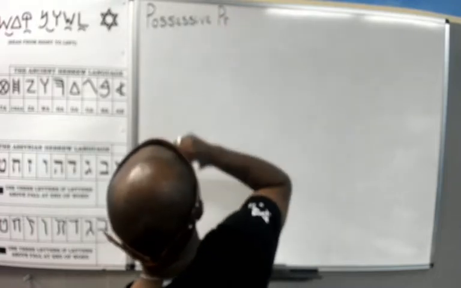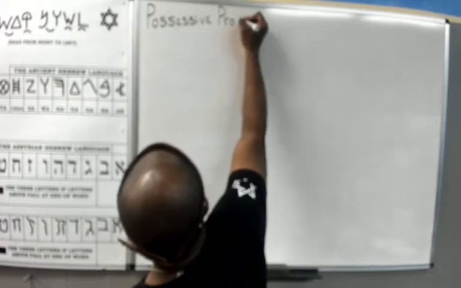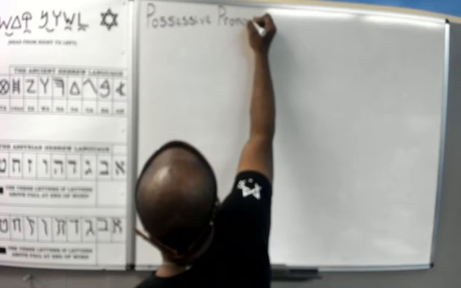And just in case some of y'all online forgot what a pronoun is, a pronoun is a word that simply describes a noun. A noun is a person, place, or thing, and a verb is an action word.